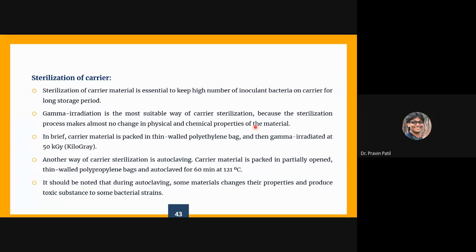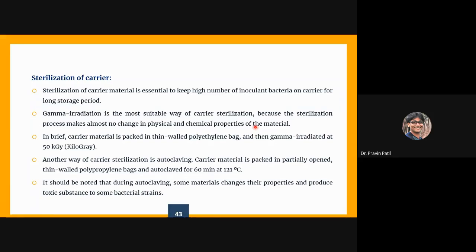Gamma irradiation is a process where almost no change in physical and chemical properties of the material occurs. So since there are no changes, whatever features you are expecting from that particular carrier, whether it is porous structure or adsorbability or absorption capacity, moisture holding capacity, everything would be retained since its structure is not altered.